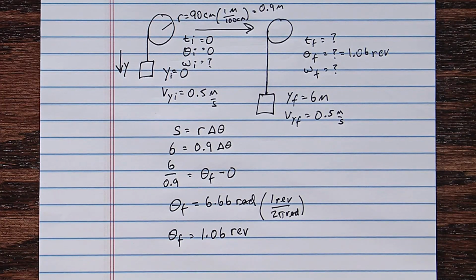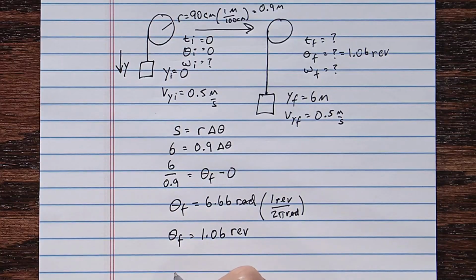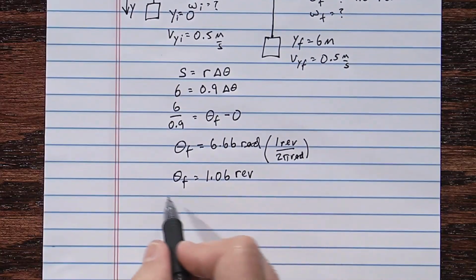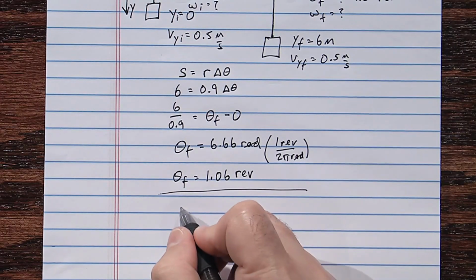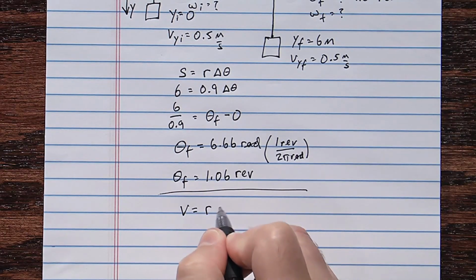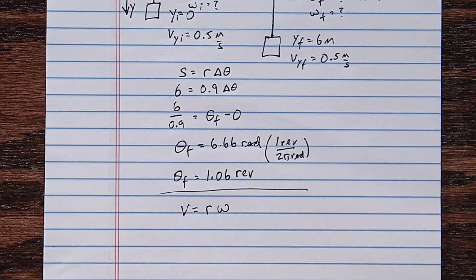The second thing was, what is the angular speed of the drum? Well, to answer that, we'll use our other relationship that relates linear velocity to angular velocity, or in other words, V is equal to R times omega.